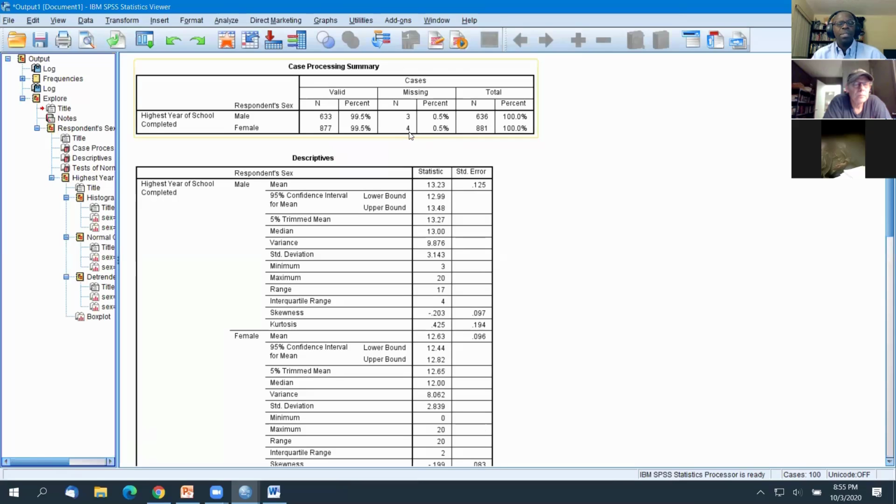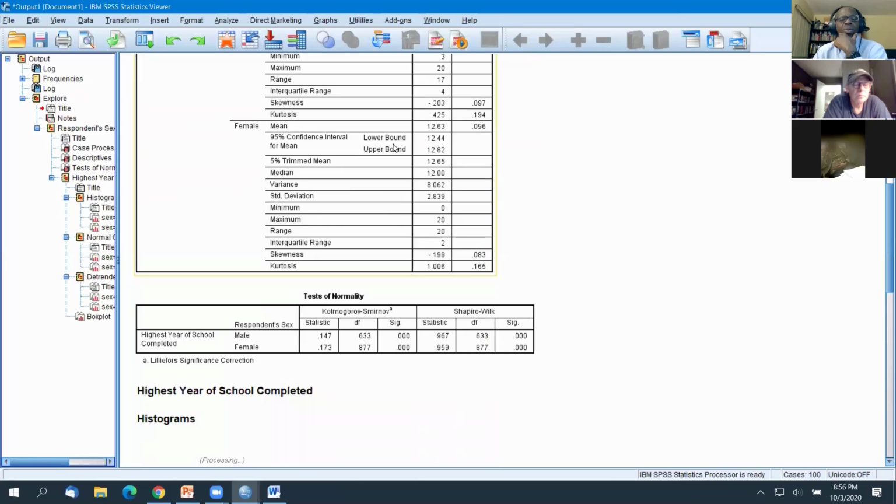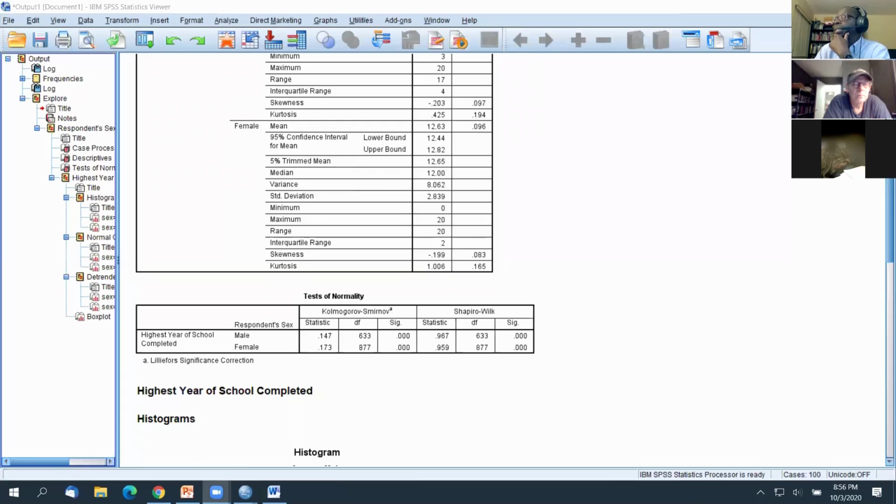This one, 4 are missing, that counts for a half of a percent. And 633 accounts for 99.5% of the total sample for males, and 877 accounts for 99.5% for females. This is just descriptive statistic stuff. We don't need that. What we're interested in is this table right here, the test of normality.